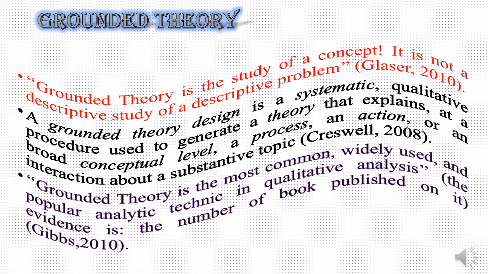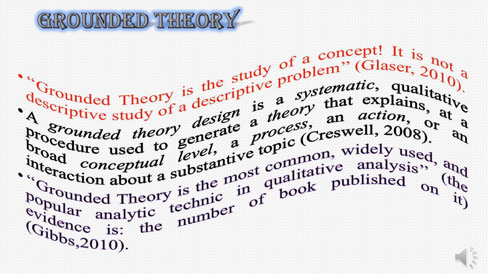So here are some of the definitions of grounded theory. Just look at Glaser in 2010, who was of the opinion that grounded theory is the study of a concept. It is not a descriptive study of a descriptive problem. Similarly, a grounded theory design is a systematic qualitative procedure used to generate a theory and explain at a broad conceptual level a process, an action, or an interaction about a substantive topic.